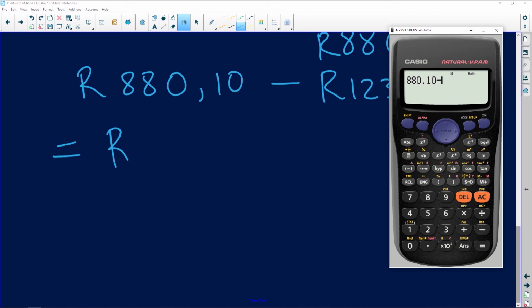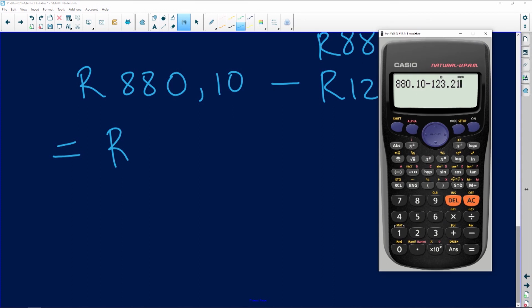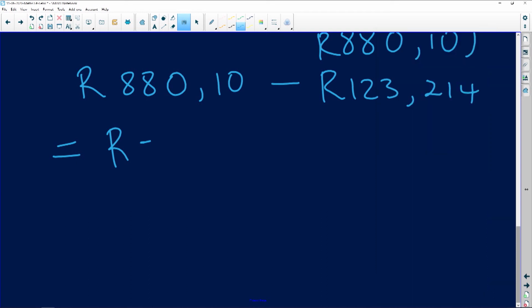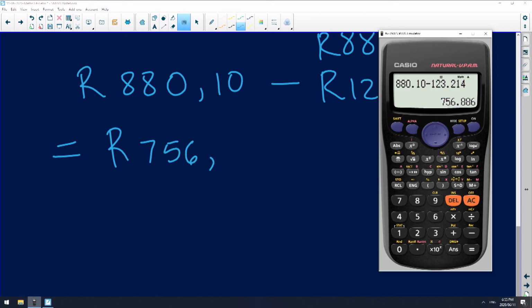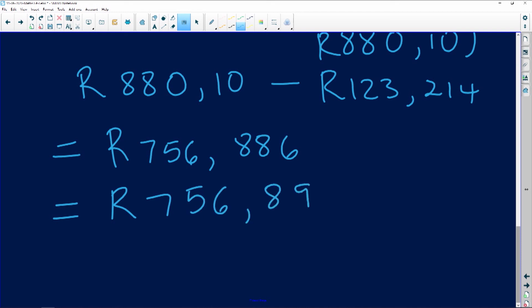R880.10 minus 123.214. So that's 756.886. Stunning, but money, rands, is rounded off, is given in 2 decimal places.